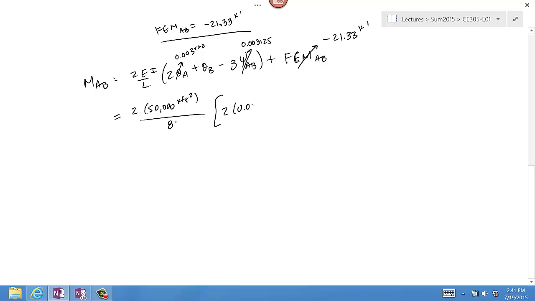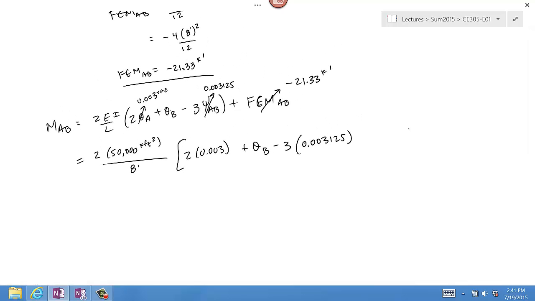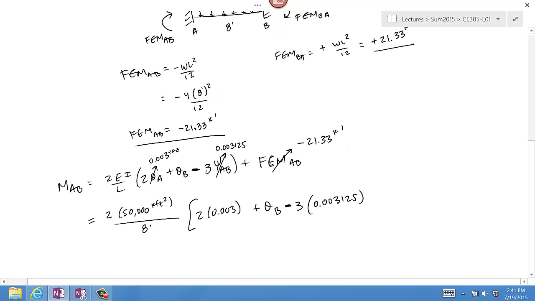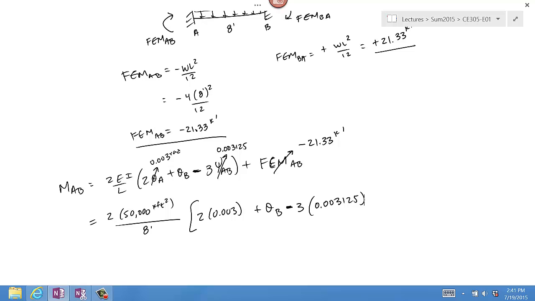2 times 0.003 plus theta B minus 3 times 0.003125. Remember that the psi term has its own sign. That negative came from the negative in front of the 3. Okay, but in our case, the chord rotation is positive due to the settlement.